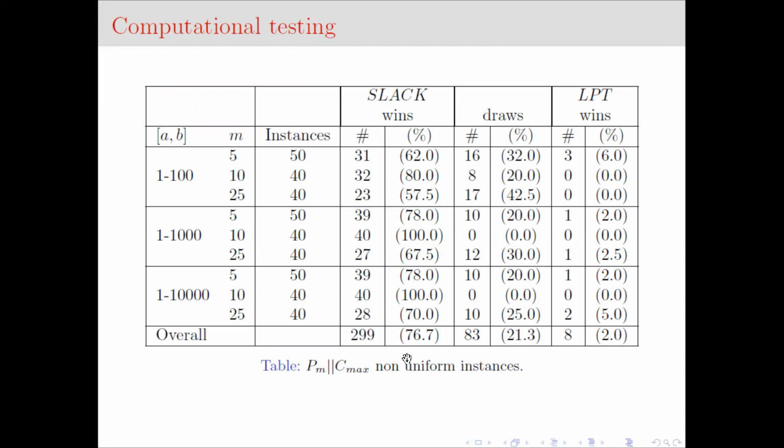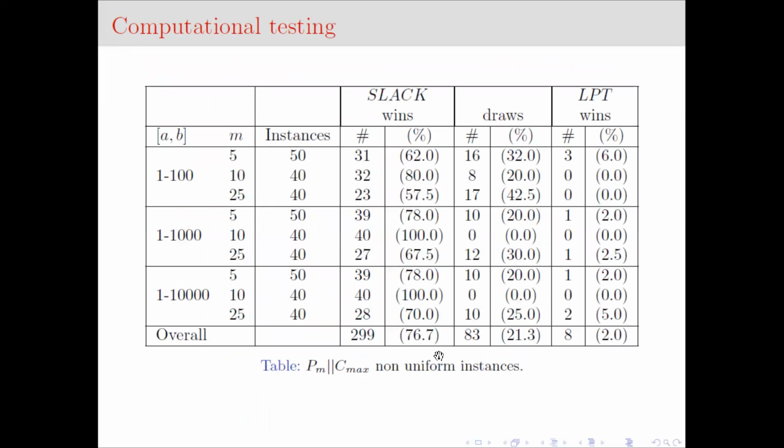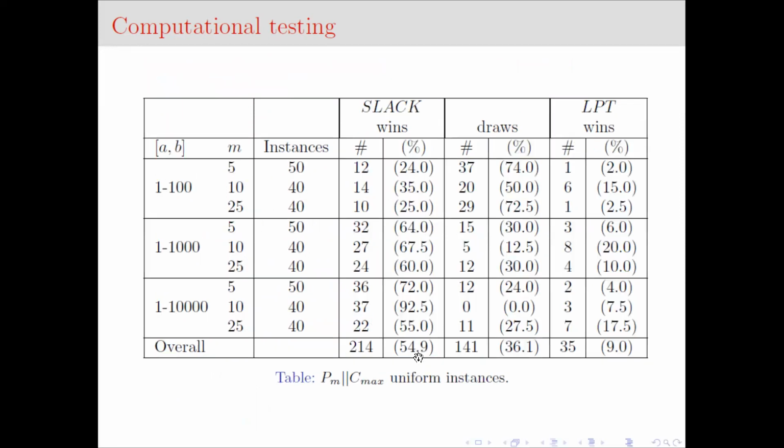There's something wrong maybe in these tables. Let me check. Because if I'm telling you about 780 instances, this is less. But okay, whatever it is, maybe these are the non-uniform instances, and then there are the uniform instances. Okay, that's one. The sum of those. So generally speaking, anyway, Slack is clearly superior to LPT. It requires basically twice the time, something like that, but that's it.